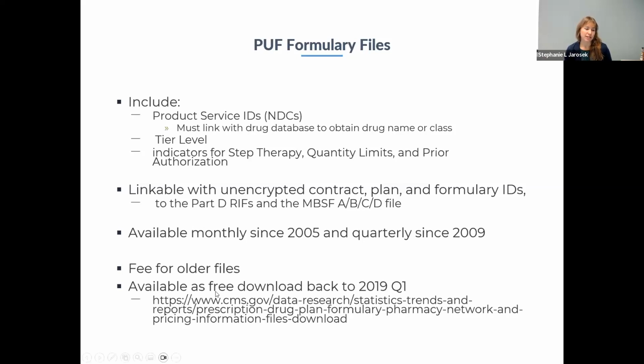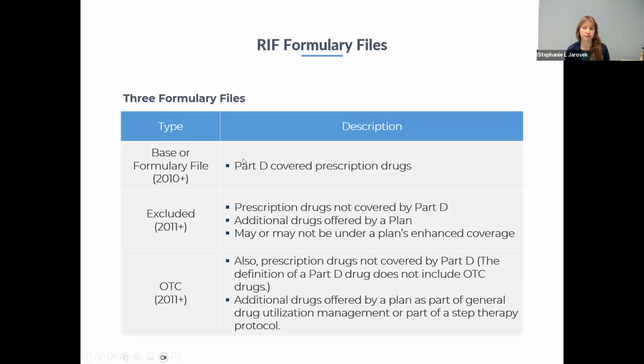And as I mentioned, there's a free download if you are interested in the most recent formulary years, but if you want to go back farther than that, you would just have to request the data and pay a fee to get those. There is not information on the therapeutic class. So unfortunately, that is the one piece that's missing from our suite of files that has to be obtained somewhere else.